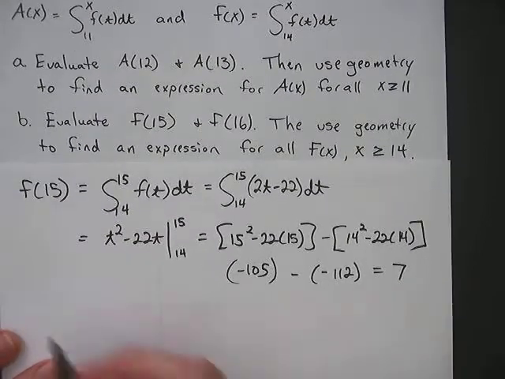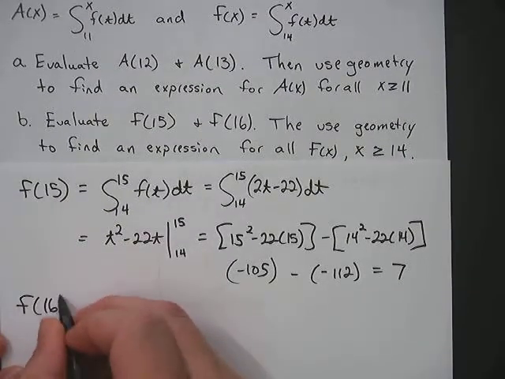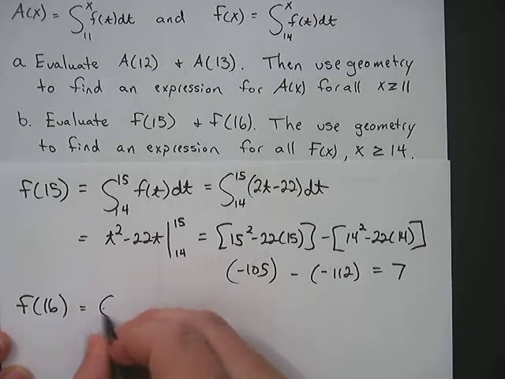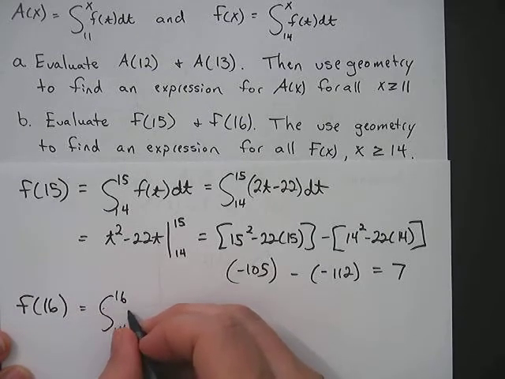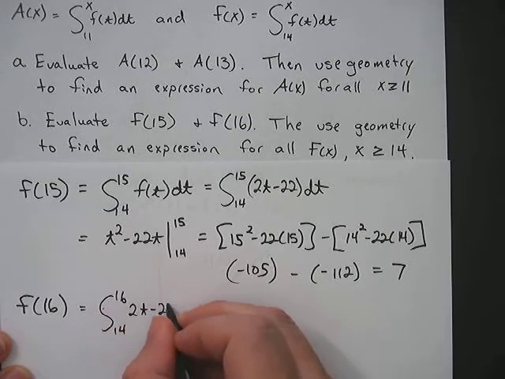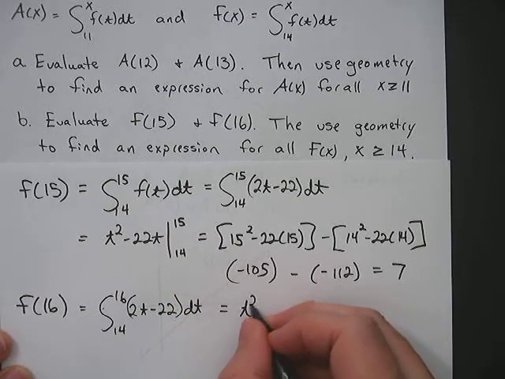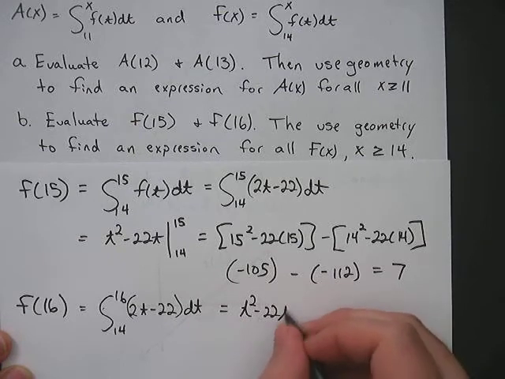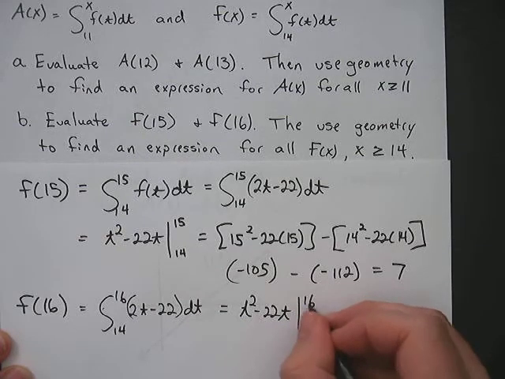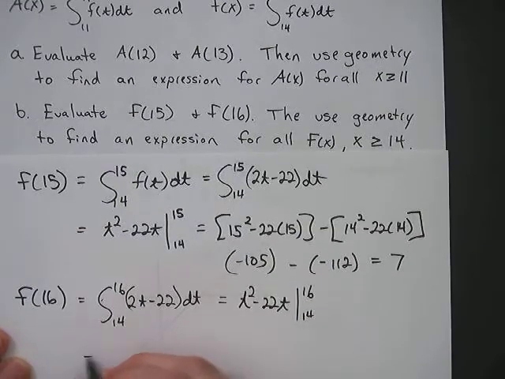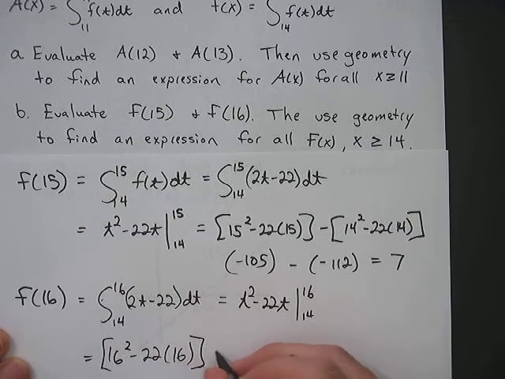Now for F of 16. F of 16, going from 14 to 16 this time, of 2t minus 22 dt, which is t squared minus 22t from 14 to 16, which means we get 16 squared minus 22 times 16 minus 14 squared minus 22 times 14.